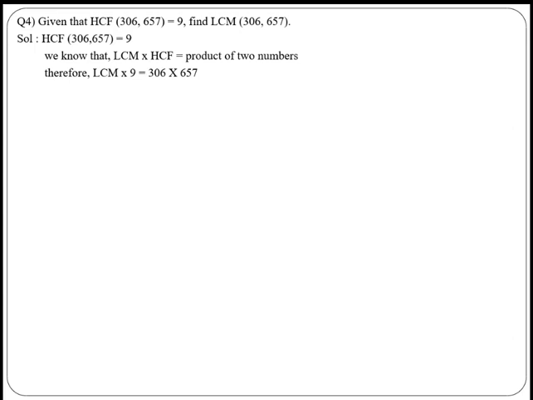It is given that the HCF of these two numbers is equal to 9. And we know that LCM into HCF is equal to the product of the two numbers. So when we put these values, we'll get LCM into 9 is equal to 306 multiplied by 657. So to find the LCM, we have to transfer 9 to the right hand side.